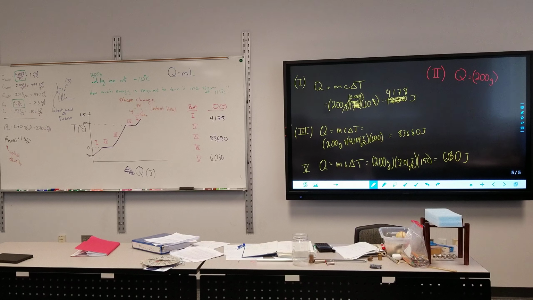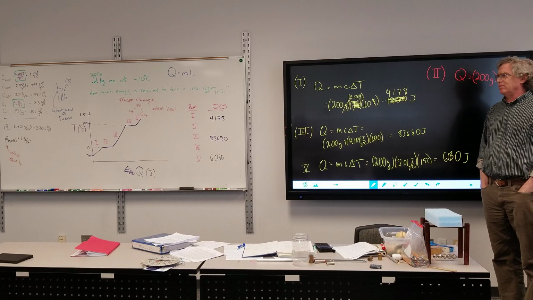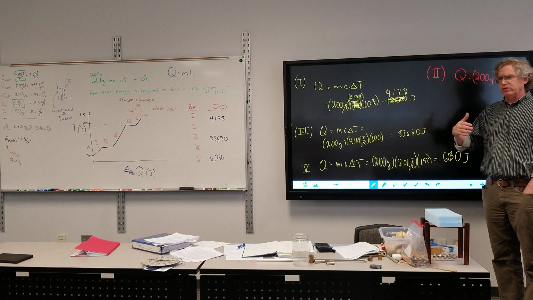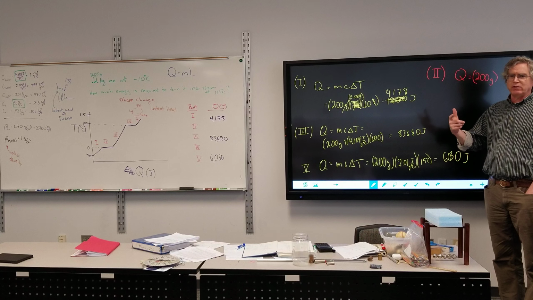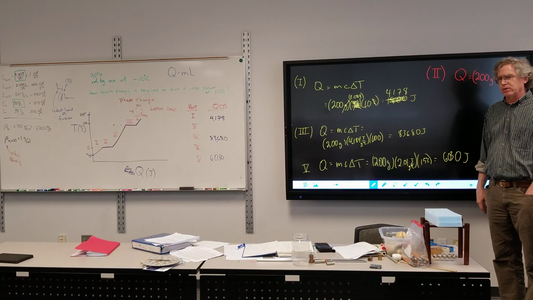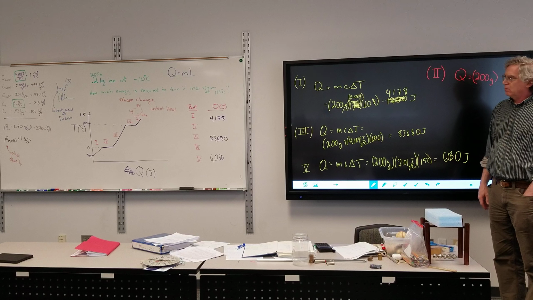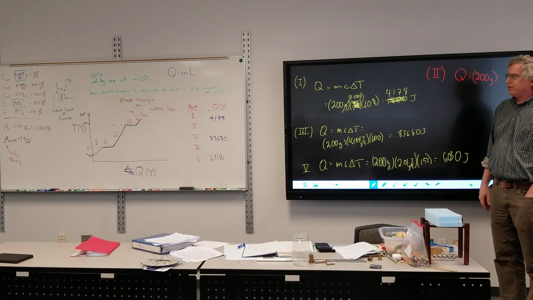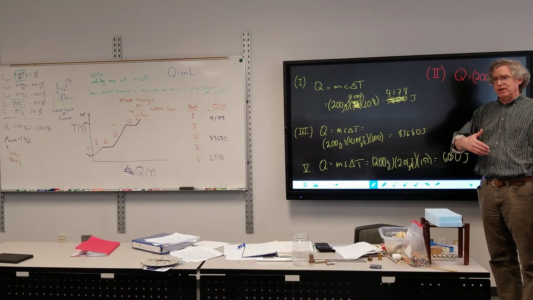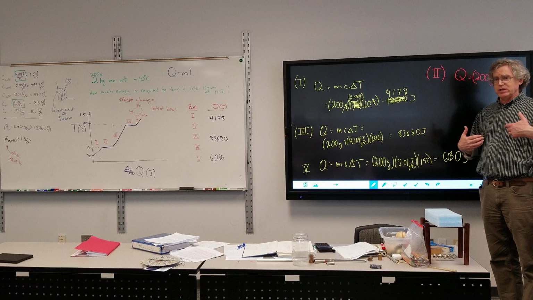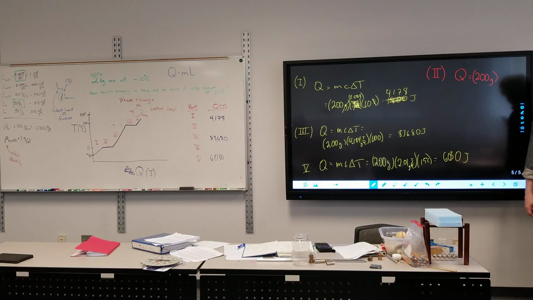Or is it the same if it's from liquid to solid? Solid to liquid or liquid to solid. Some textbooks will have one value positive, one value negative, but I don't think you need to bother with that. In order to melt it, I need to add energy in. In order to freeze it, I have to take energy out. Oh, okay. One's in, one out.